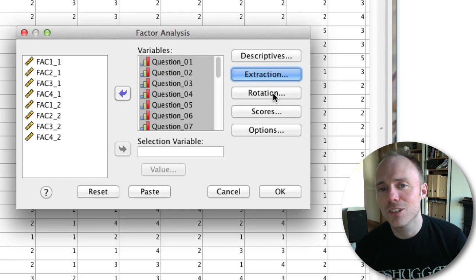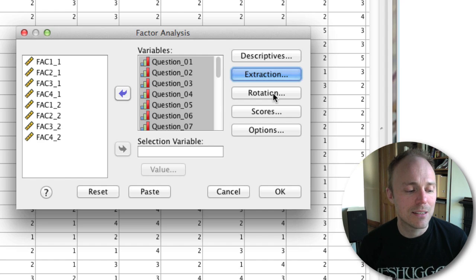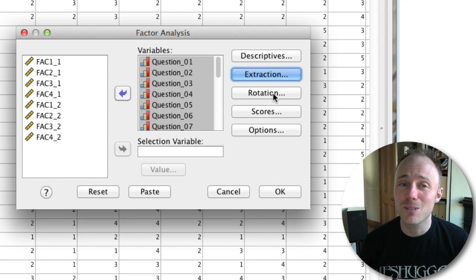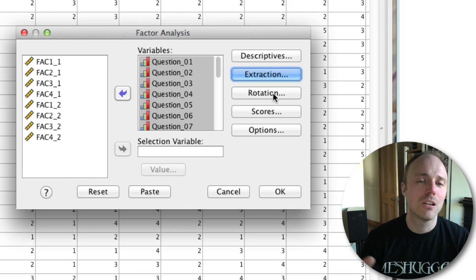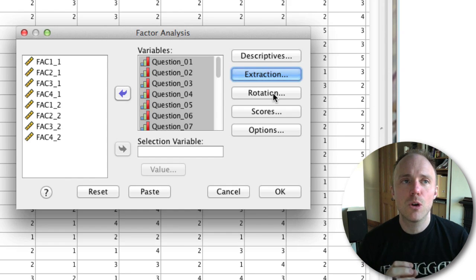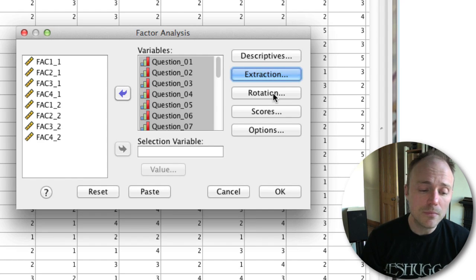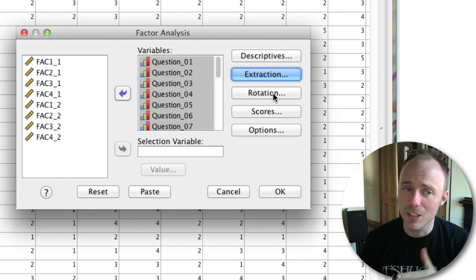But there are different ways that you can do this rotation. So the first way is orthogonal rotation, and that just means that all your factors are kept independent of each other. If you want to visualise it, it means your factors are at right angles. So orthogonal rotation keeps them independent, whereas oblique rotation allows your factors to correlate with each other.